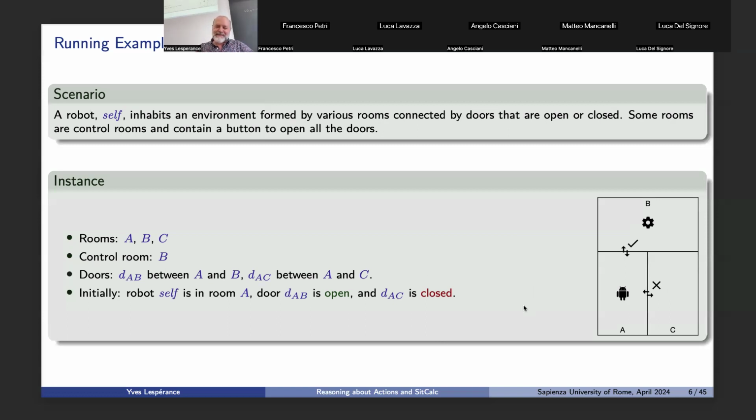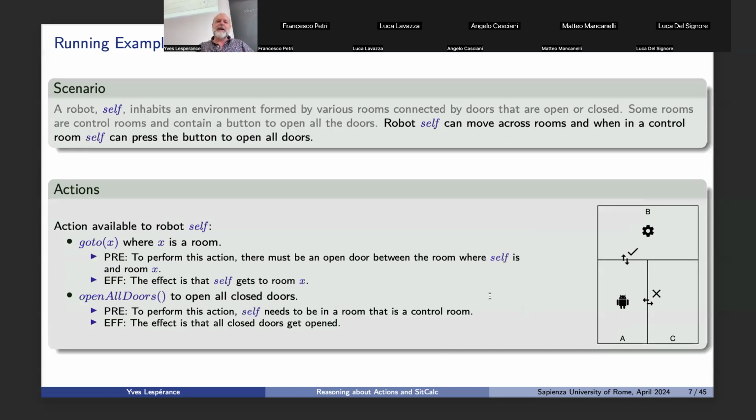So that's the initial state of this example. Here the robot can move between rooms, and when it's in a control room, it can press the button to open all the doors. These might be useful to achieve certain goals or tasks that we give to this robot.